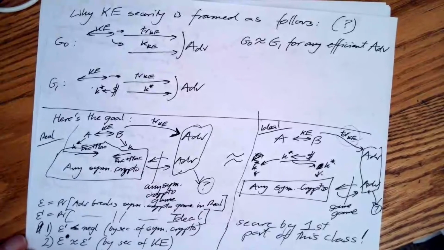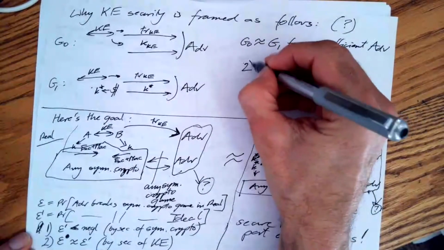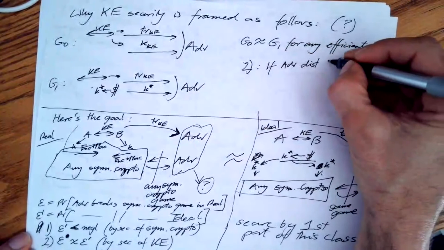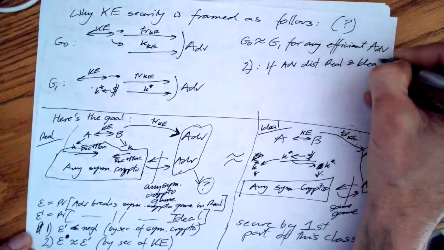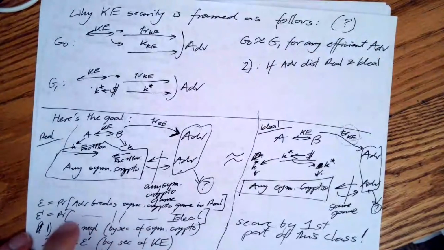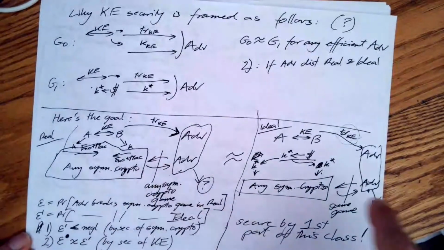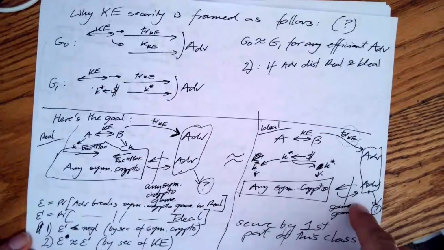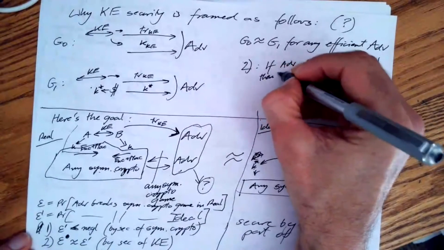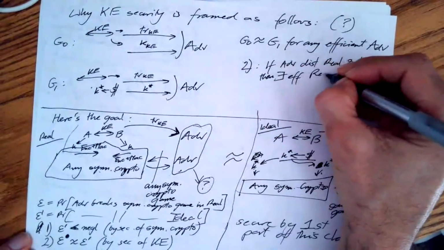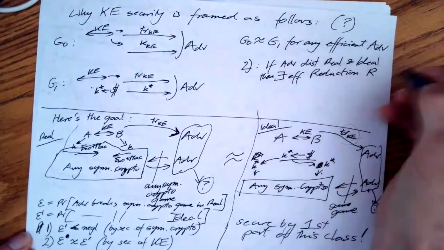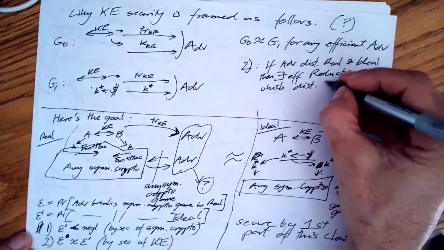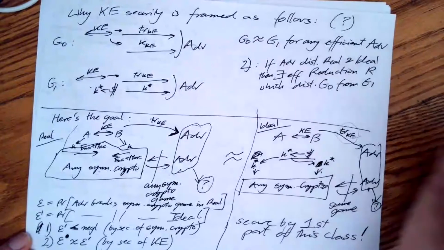Okay, and here, two follows: if the adversary distinguishes real and ideal, and therefore makes this event of breakage here non-negligibly different than the event of breakage of the symmetric crypto here, then there is an efficient reduction which distinguishes G0 from G1.